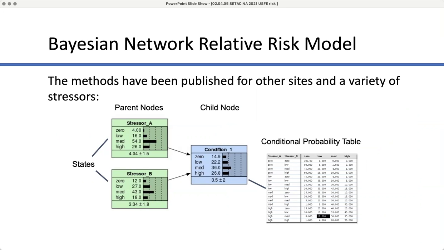Those interactions are actually governed by the conditional probability table, saying what different combinations of the states of the parent nodes give what output distribution in the child node. The use of Bayesian networks has been around since the mid-1980s, and many other people have pioneered this, and we are also now using it to look at risk assessment.